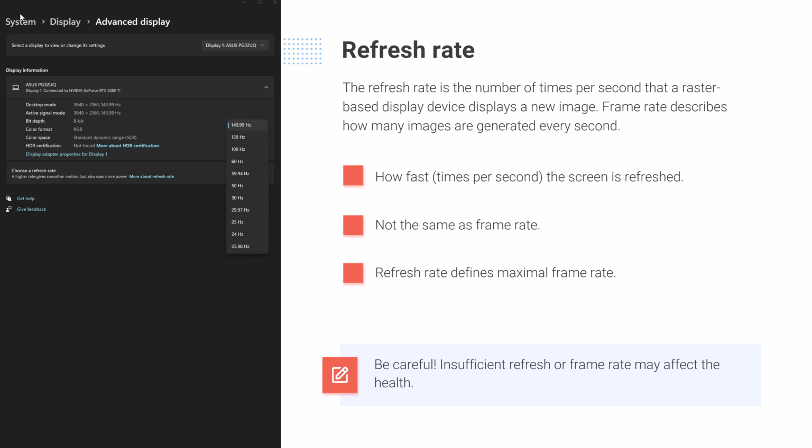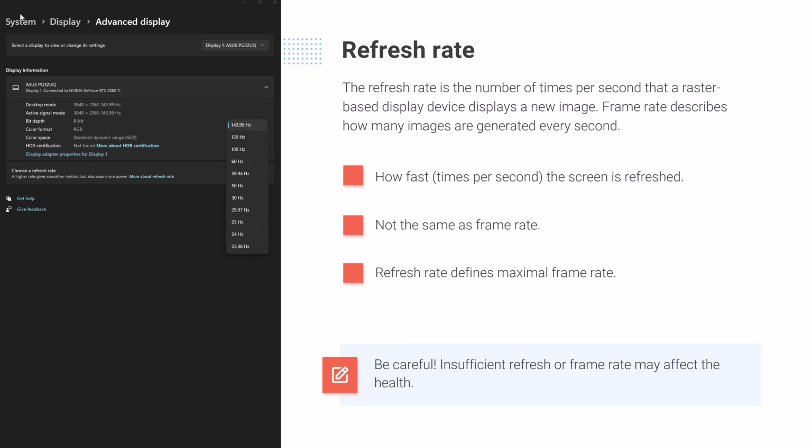to 144 Hz. A very similar but different concept is a frame rate. Frame rate describes how many images are generated every second by the software. I want to stress the importance of VR hardware. Weaker CPU and GPU of a VR device result in a reduced frame rate.